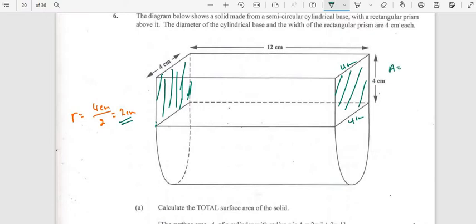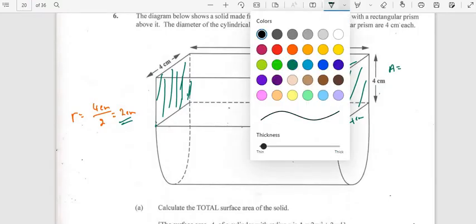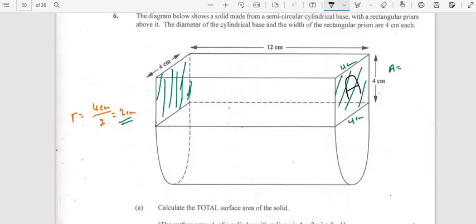Let's call this face A. The area of A is going to be 4 fours, that's going to be 16 square centimeters. Remember, we have this also. This is my matching face, so we're going to add this as well to it.